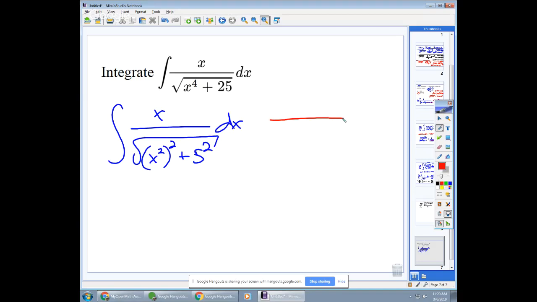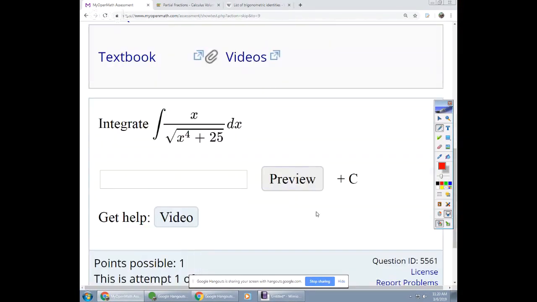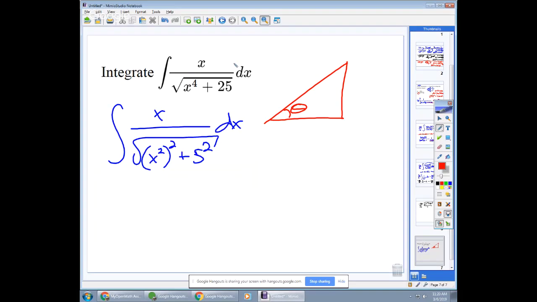And so building my triangle based on that, what number is this? I think this is number 9. Question number 10. So let's see, I have a plus going on, so that means it's the hypotenuse.